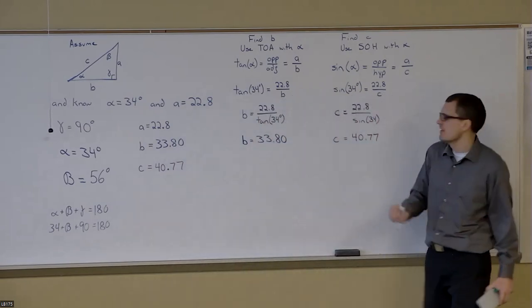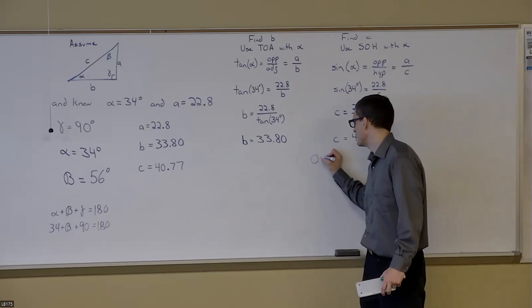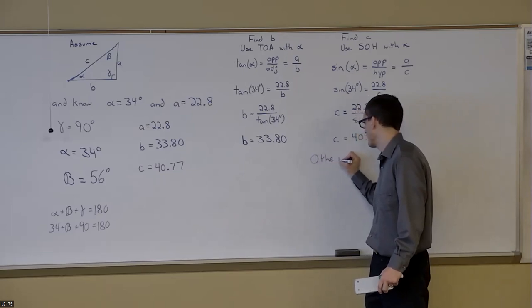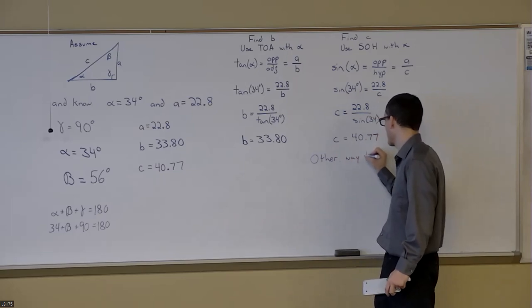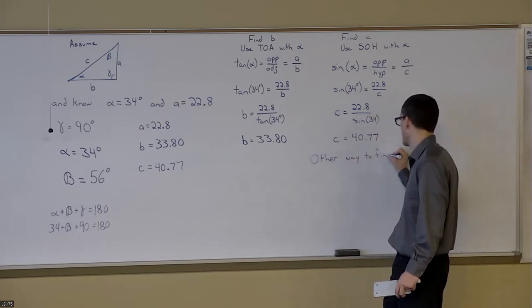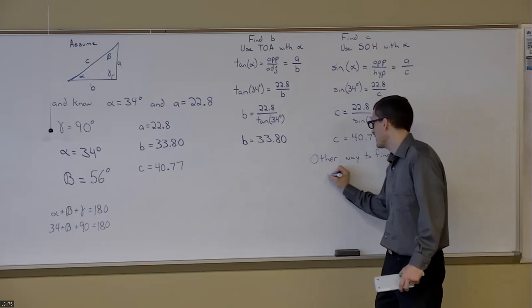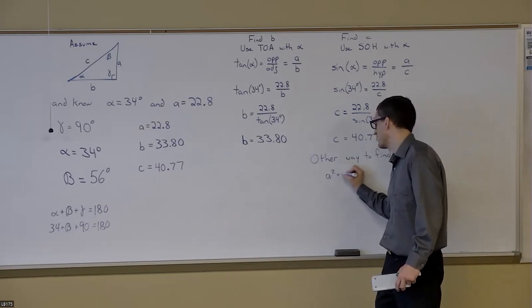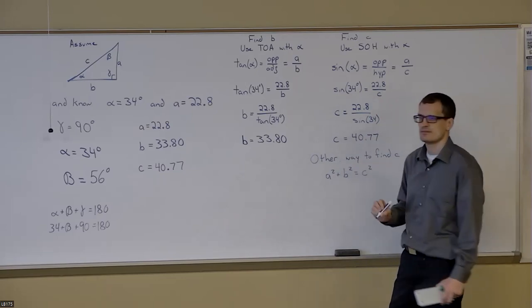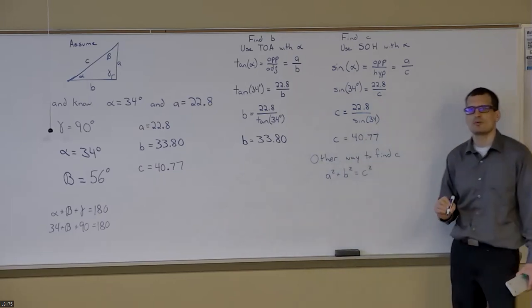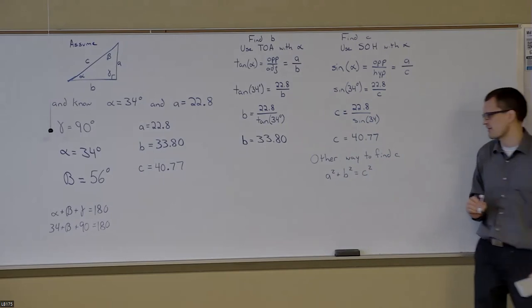Okay. The other way to find C is to use the fact that A squared plus B squared is equal to C squared. Because we have a right triangle, we can use the Pythagorean theorem.